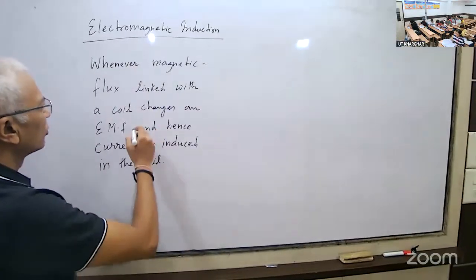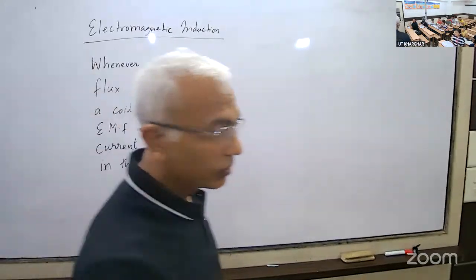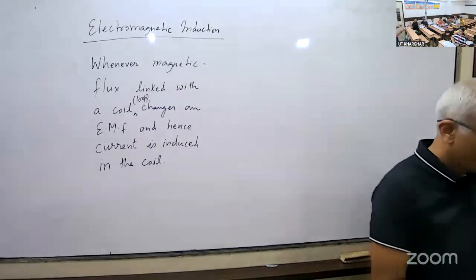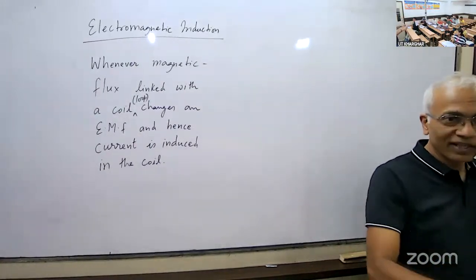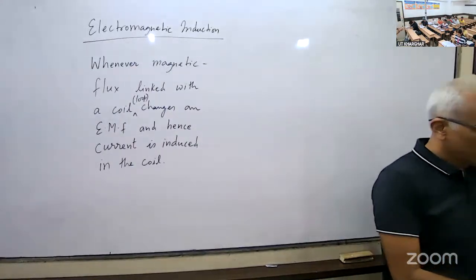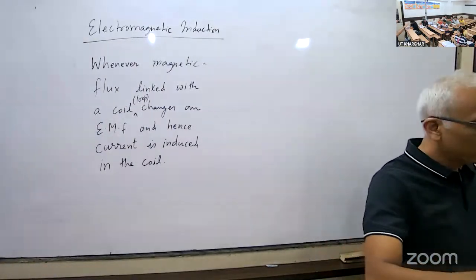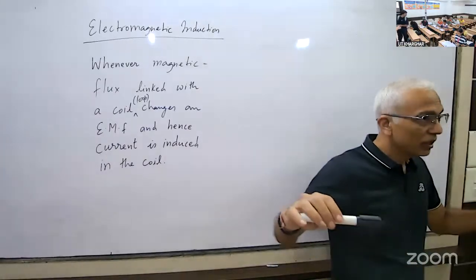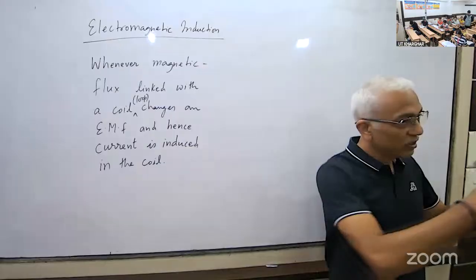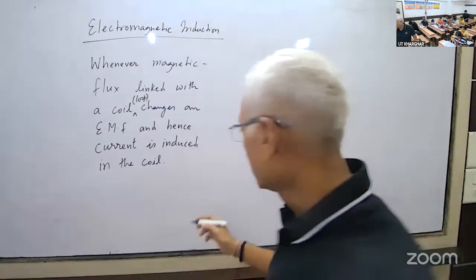It could be a coil or loop. So what I've written on the board is, whenever you have a coil, everybody pay attention here. Let's say there is a coil like this, imagine, and I am bringing a magnet close to it. So then what happens? The flux linked with the coil changes, and let me draw this diagram.